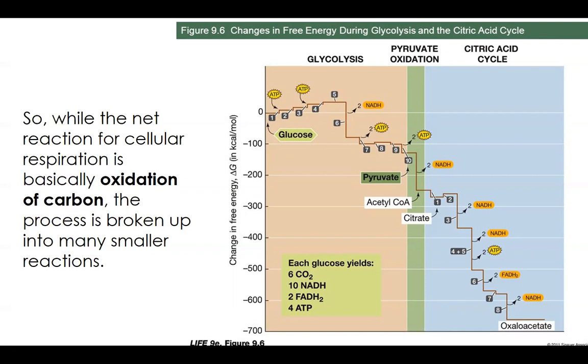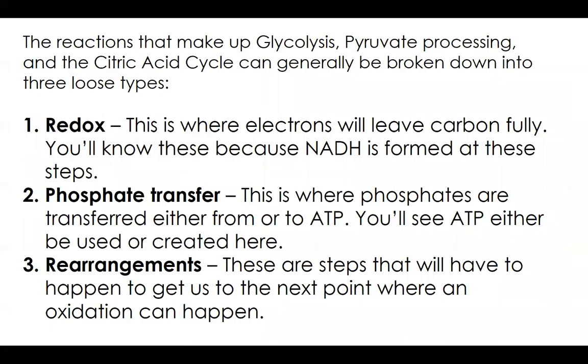So just like the last video, we can expect the reactions of glycolysis to fall into more or less one of three categories. Maybe some of them overlap a bit too. So we'll definitively see a redox step. This is going to be where electrons will fully leave carbon. So carbon, at the end of the day, is always going to be oxidized in cellular respiration.